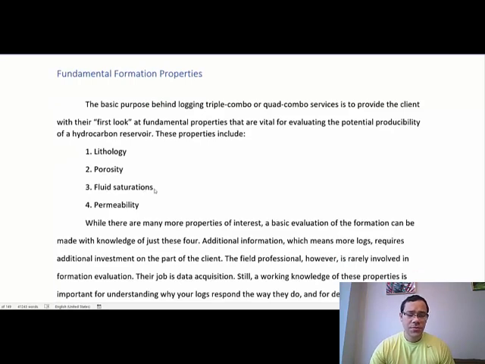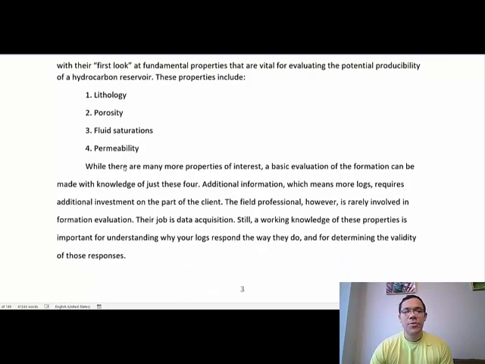Regarding fluid saturations, well, this is basically what type of fluids you got down there, if it's water or hydrocarbons or some other thing. And permeability: once you know that you got hydrocarbons down there, you're really interested in knowing whether or not you're going to be able to extract it.